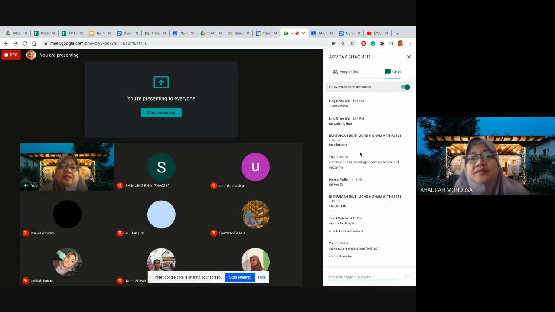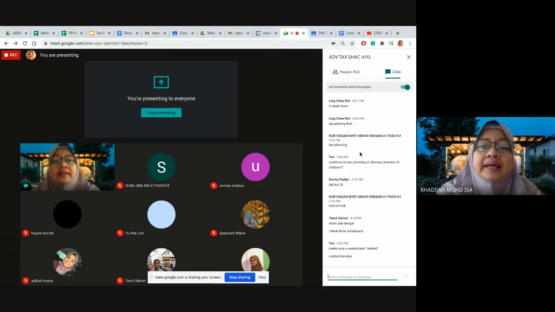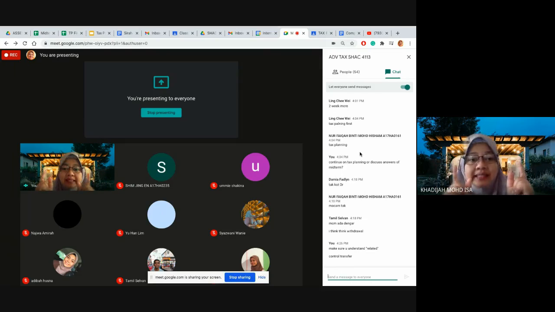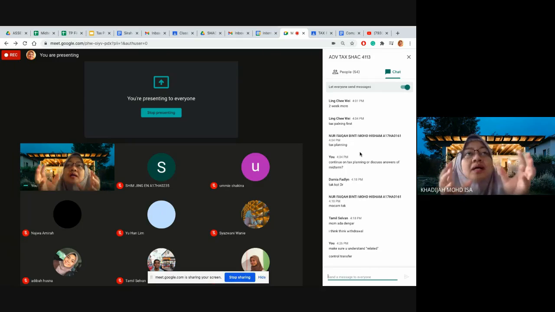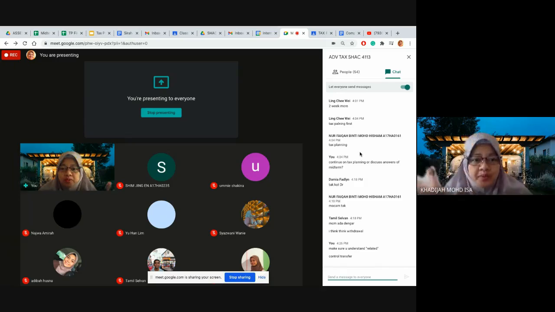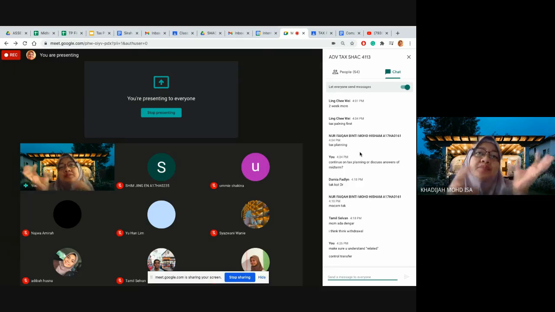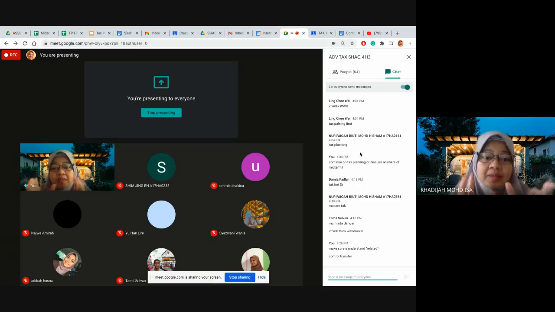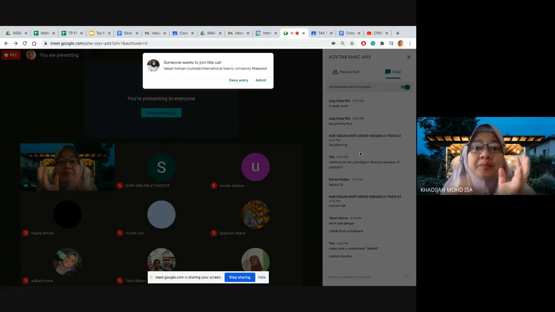When you transfer, in other words, you dispose of your asset, then you have to compute BA and BC. But because it's a control transfer, the law regards that within the same group, there's no transfer, because they are still in the same group.